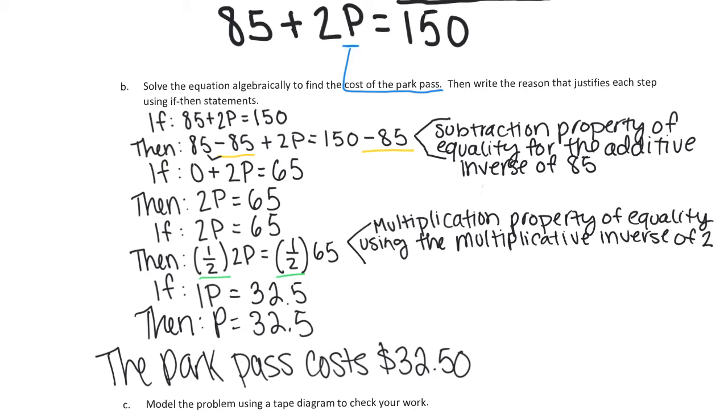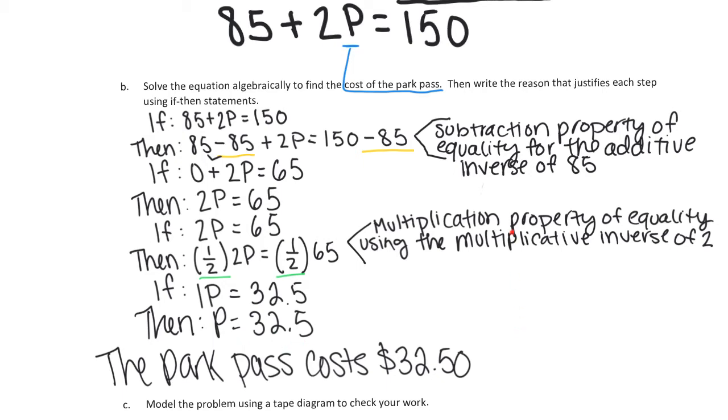Then when we multiply our 1/2 and 2p and our 1/2 and 65, we get 1p equals 32.5. And then we know that p equals 32.5.